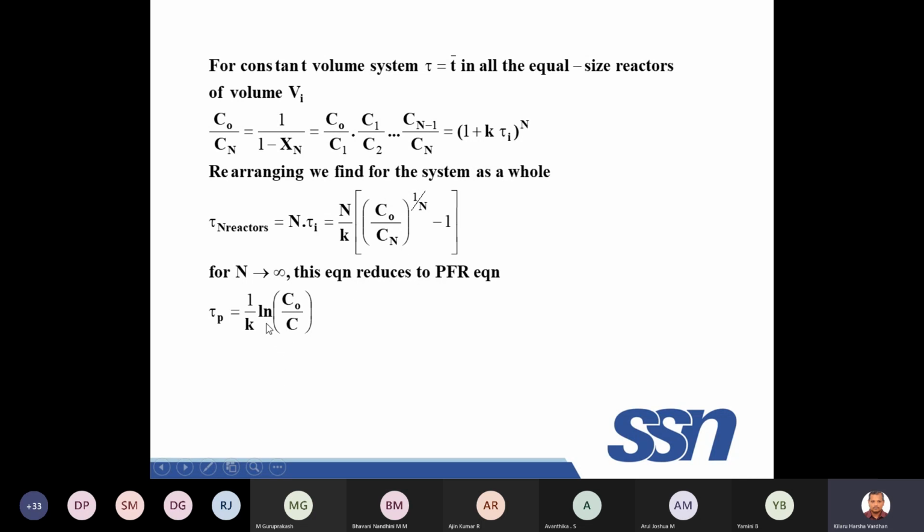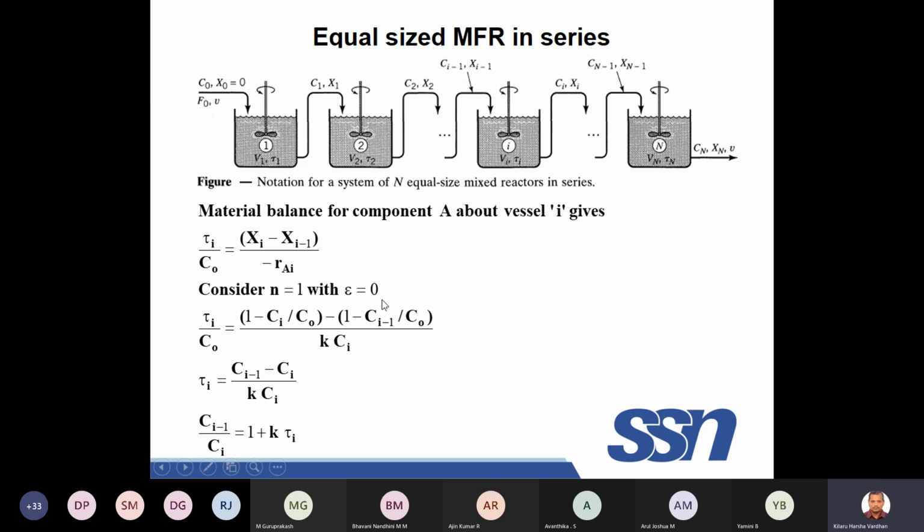But the thing is, this equation plays a very important role. This is nothing but the plug flow equation. What this means is that if you are connecting a lot of equal size reactors in series, you can eliminate those N reactors and put one big PFR having a volume equal to the sum of the volumes of these reactors. Earlier I told you PFR is always better than MFR, am I right?